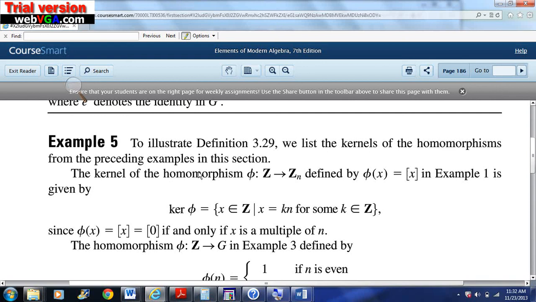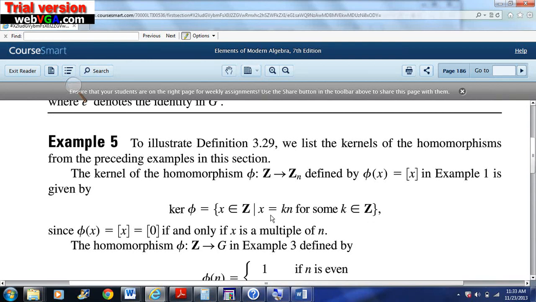The kernel of the homomorphism phi, such that Z is mapped into Z sub n, defined by phi of x equals class x, in example 1 is given by ker phi equals the set of all x, a member of Z, such that x equals k times n for some k a member of Z.